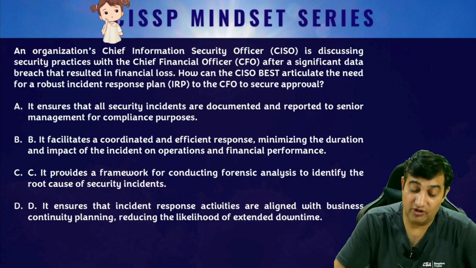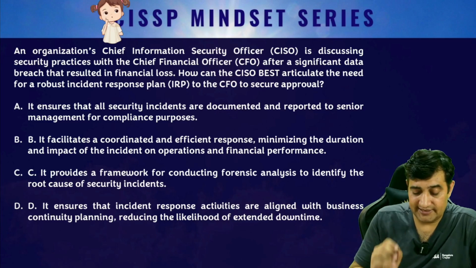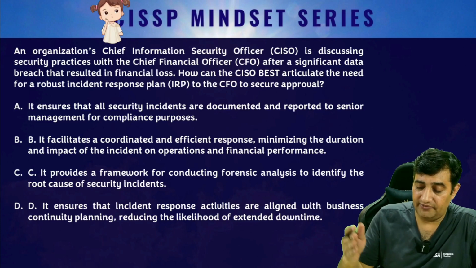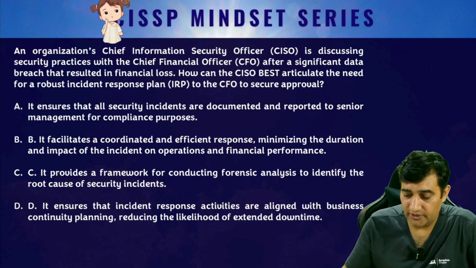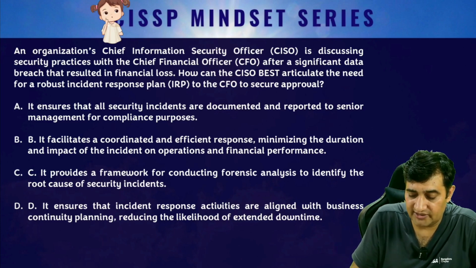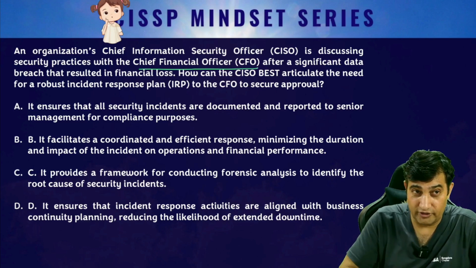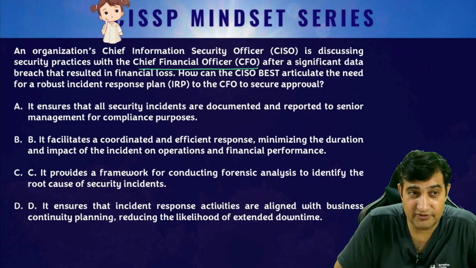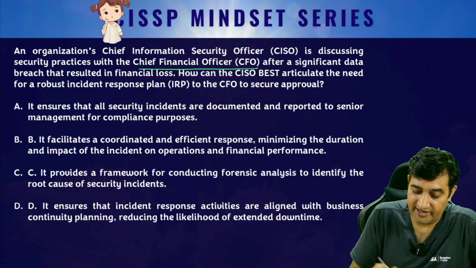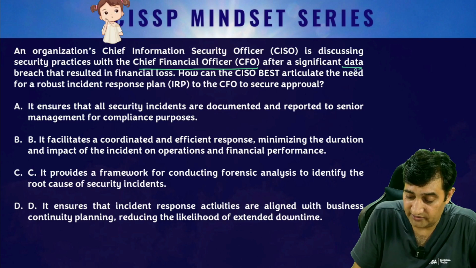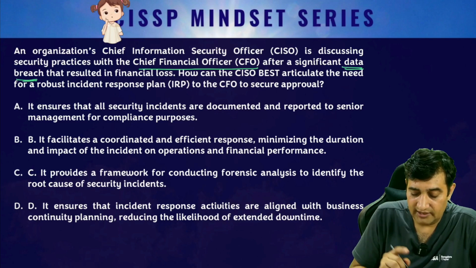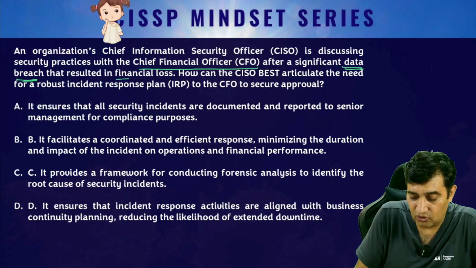So let's go through and talk about this. Question says, an organization's chief information security officer, CISO, is discussing security practices with the chief finance officer. Point to be noted, my lord, it is chief finance officer, right? After a significant data breach. Okay, there has been a data breach as well that resulted in financial loss.